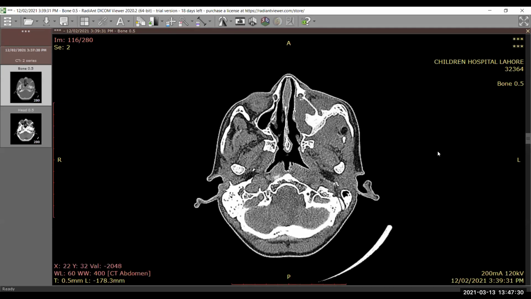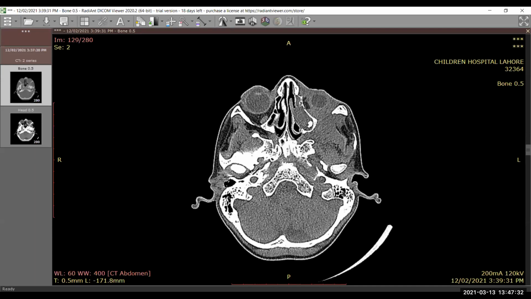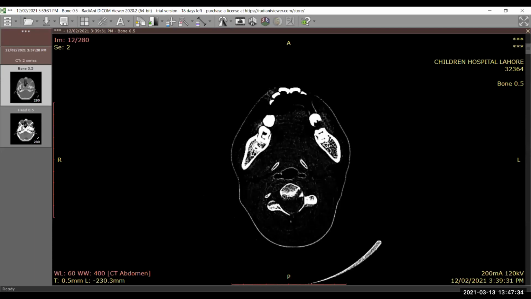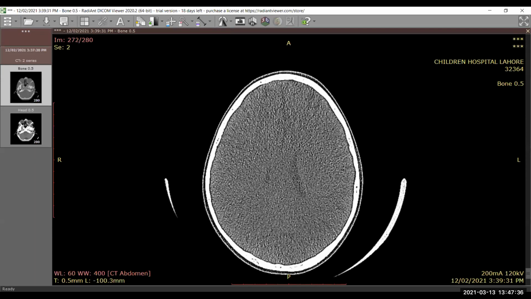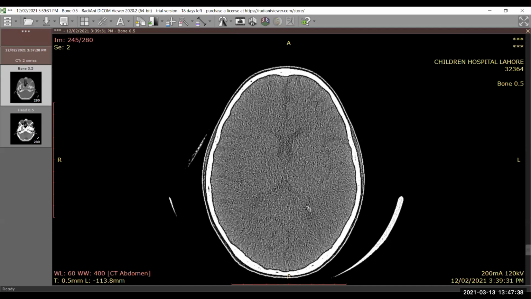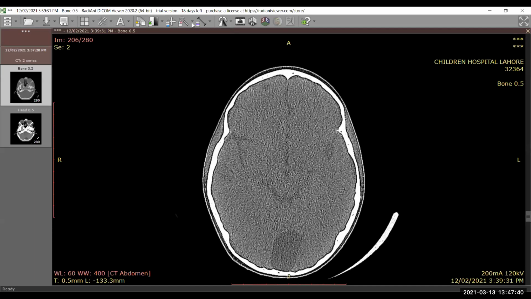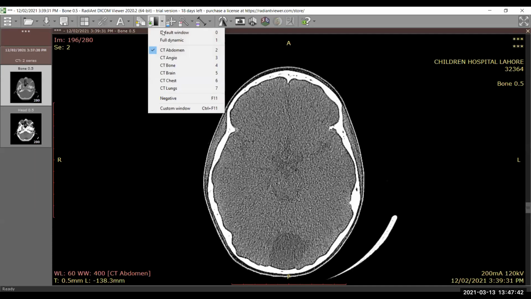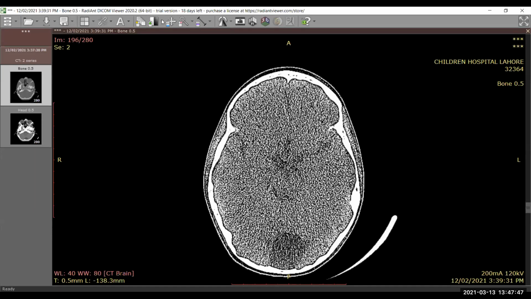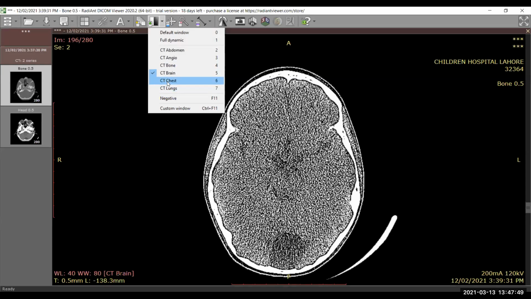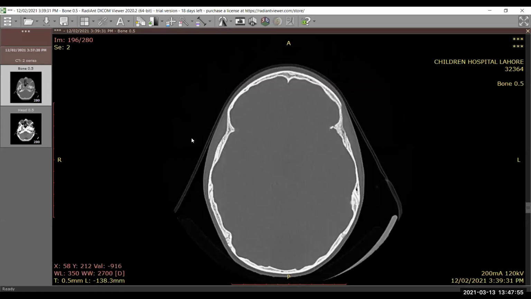So I scroll for you. This is a soft tissue window plain study, I think. Sorry, let me adjust the window first. We'll start with this.